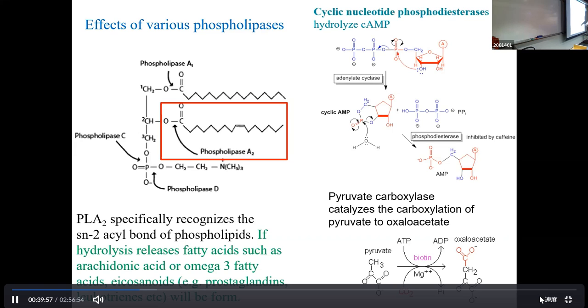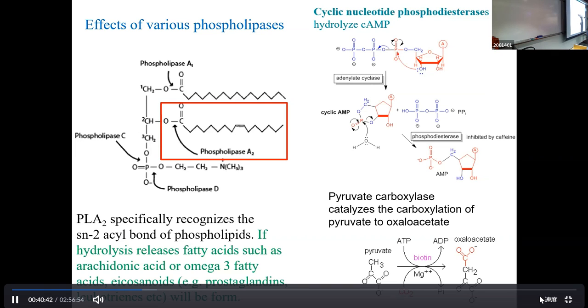Why I emphasize this is because when you release this fatty acid, if it happens to be arachidonic acid or an omega-3, then they will be the precursor for making a variety of highly reactive chemicals, such as prostaglandins, leukotrienes, etc. In fact, deriving from arachidonic acid and omega-3 fatty acid, there are something like 50, 60, 70 different compounds that can be generated, which are all biologically active.